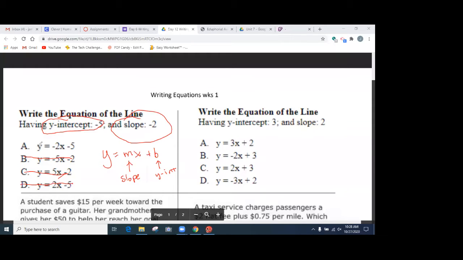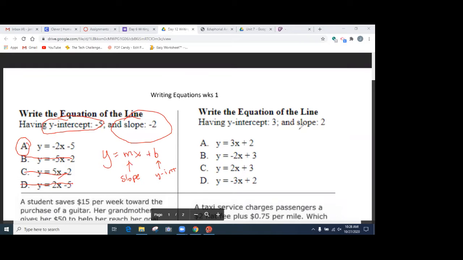What's the answer? A, because we knew where slope goes. So we need this to be easy. If you're still not getting that, don't get me wrong, we're still going to be working at it. But we need you really working hard to learn that slope is next to X and that the number by itself is the y-intercept when y is by itself.